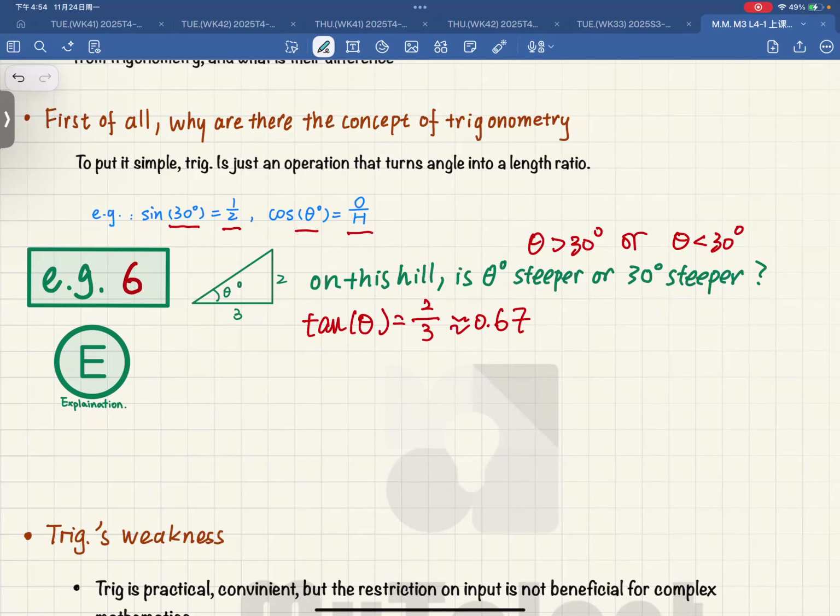And then tangent 30 degrees is equal to square root 3 over 3, which is equal to 0.577. So basically 0.67 is more than 0.577. So we can conclude theta is more than 30 degrees.